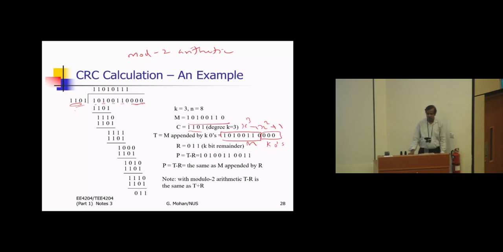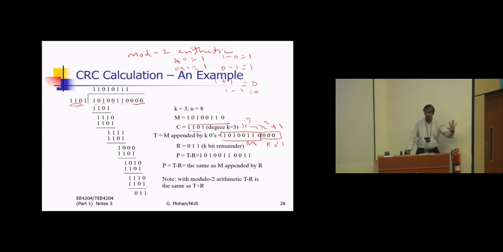But interestingly, we are going to do mod 2 arithmetic, which is similar to the exclusive OR operation. 1 plus 0 is 1, 0 plus 1 is 1, 1 minus 0 is 1, 0 minus 1 is 1, 1 plus 1 is 0, 1 minus 1 is 0. This is something like an exclusive OR operation. That's what we are going to do.